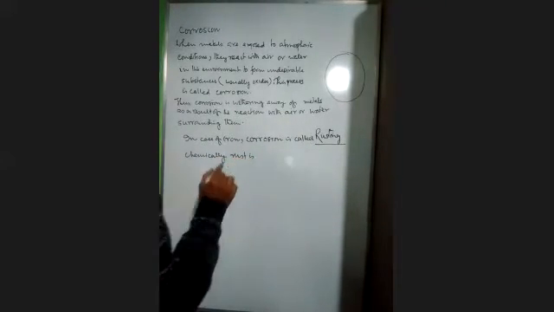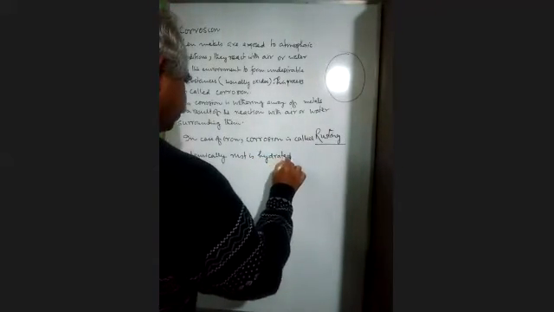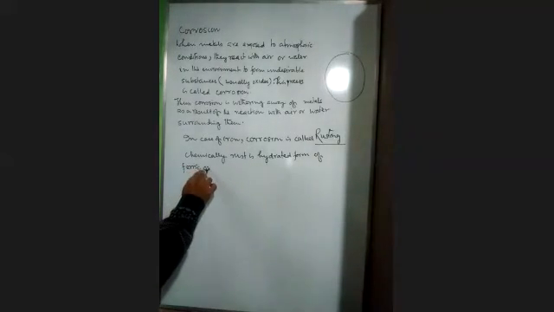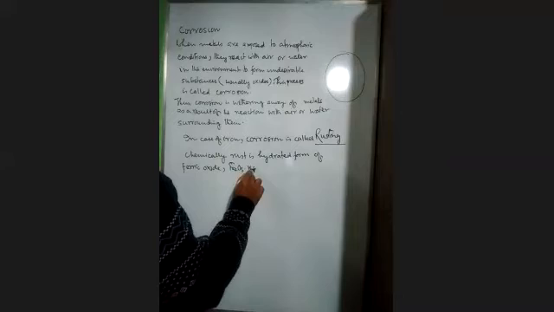Chemically, rust is hydrated form of ferric oxide. Okay.